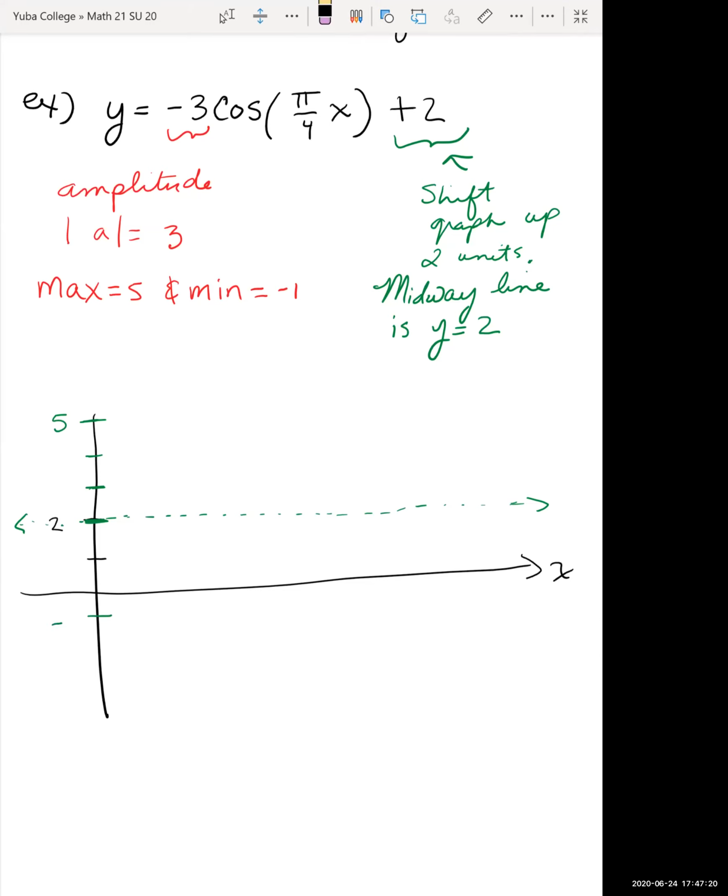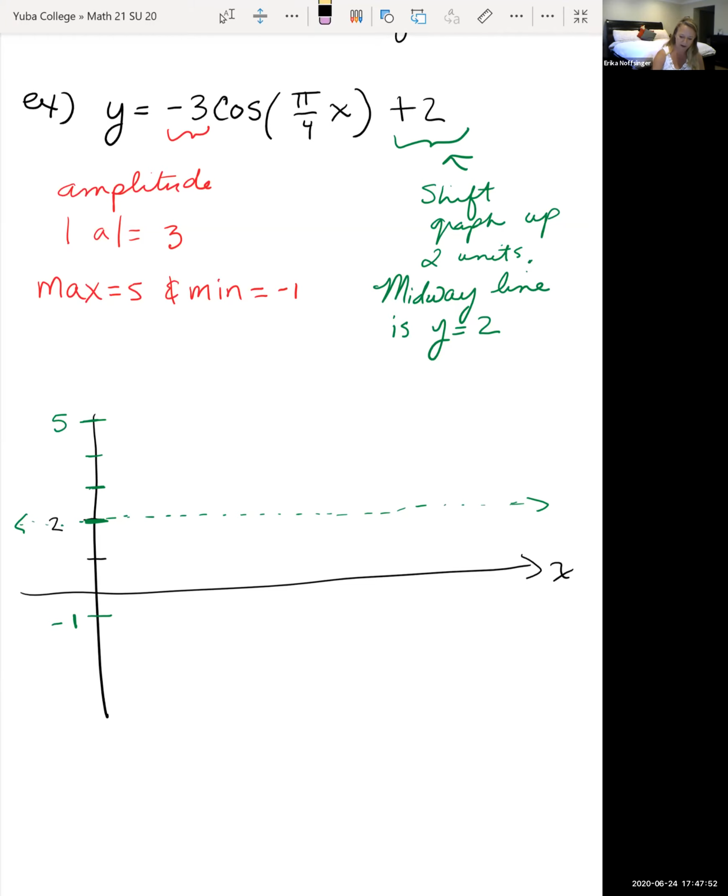Wait, can you go over that? I did not understand how you got the maximum and minimum. Yeah. So normally to get max and min, we started at our x-axis, where y is 0, and we would add our amplitude and subtract our amplitude from it to get the max and the min. But because we shifted everything up 2 units in this case, look at that y value where the midway line is and add your amplitude above that and subtract the amplitude from that.